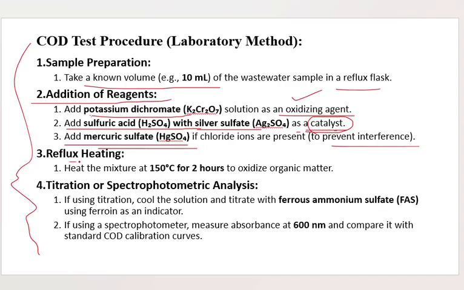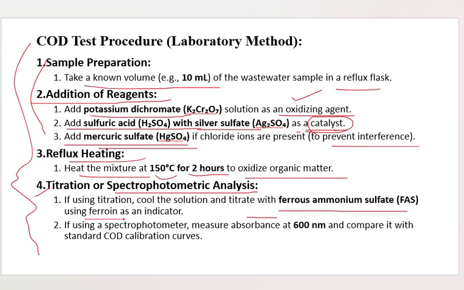Okay. Then reflux heating. Heat the mixture, that is the sample with the reagents, at 150 degrees centigrade for around 2 hours to oxidize organic matter. After heating, through the titration method or through spectrophotometric analysis, we can find COD. If using titration, first cool the solution and titrate against ferrous ammonium sulfate using ferroin as an indicator.